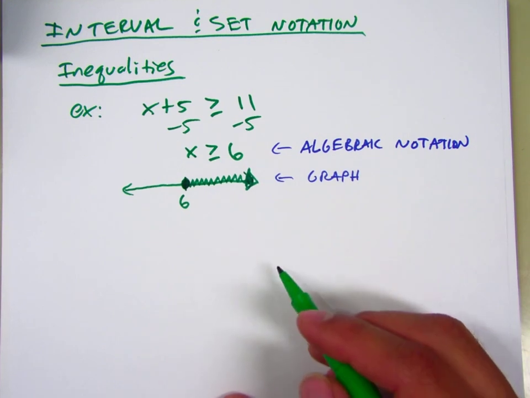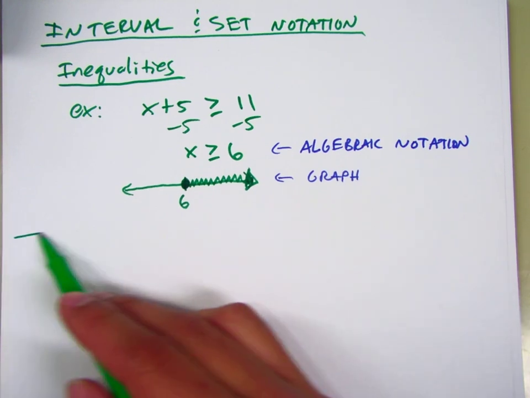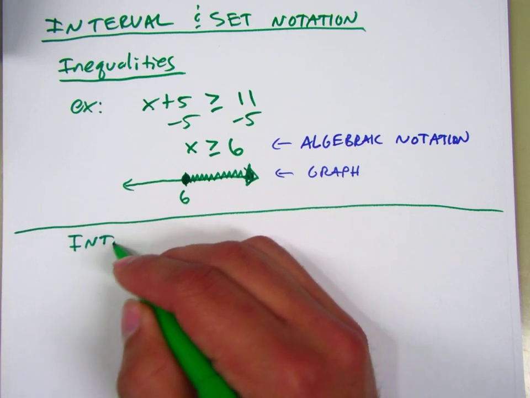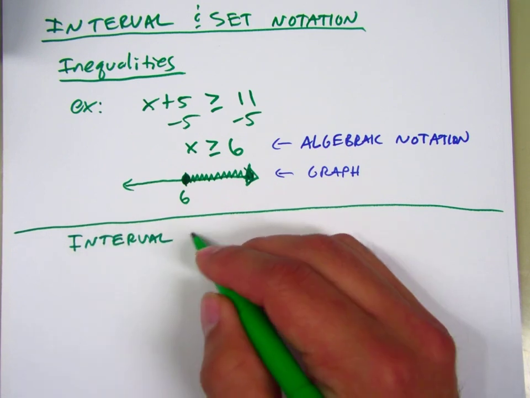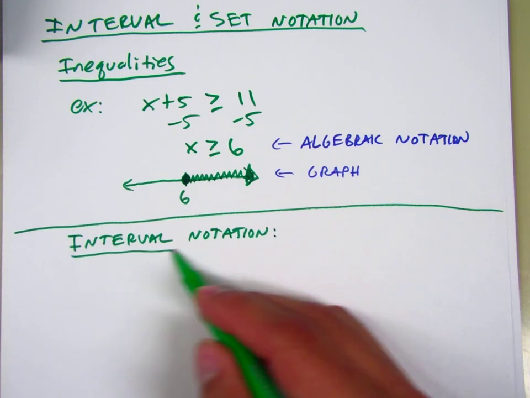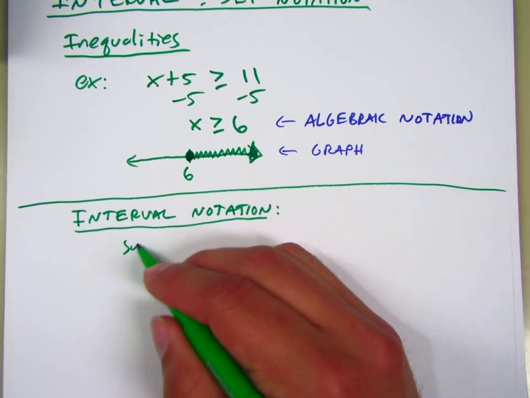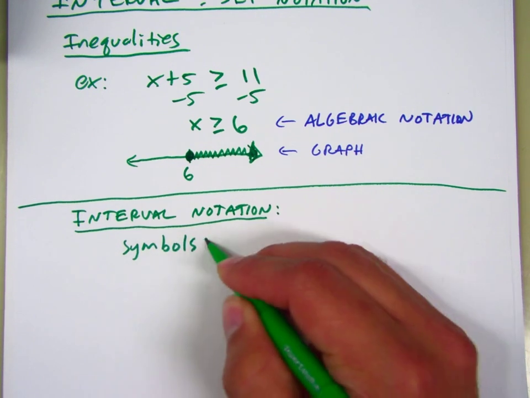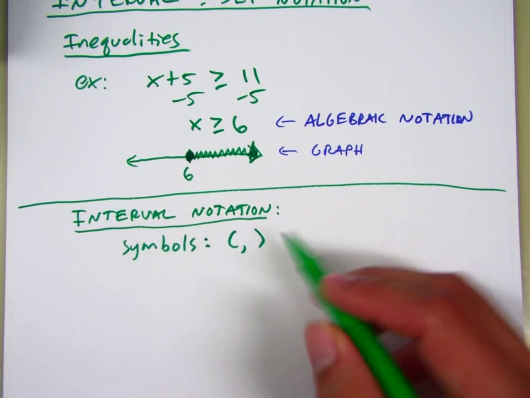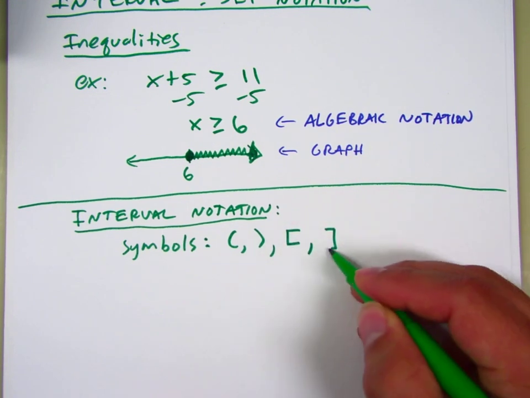So we also have now something called interval notation. Let's leave this example for the time being. Interval notation looks something like this. For interval notation, the symbols that we use are either parentheses, a left parenthesis or a right parenthesis, or brackets, a left bracket or a right bracket.